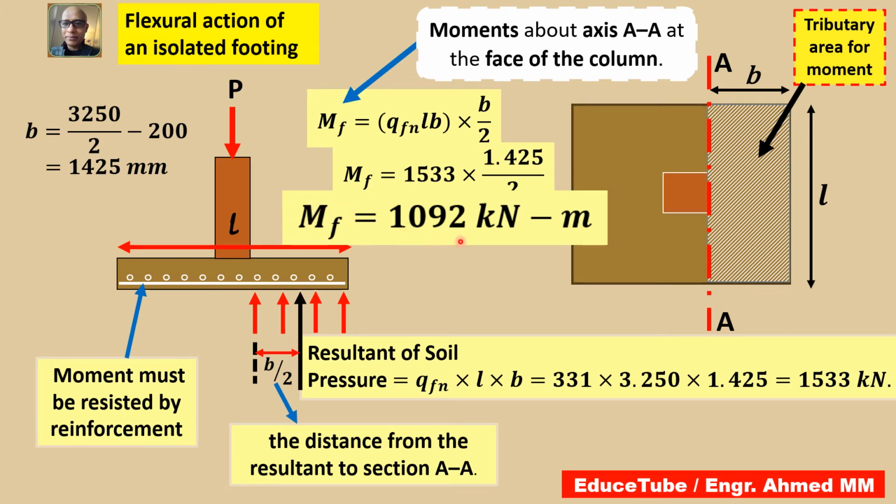This moment we got is 1092 kilonewton meter, and using this moment we will find the amount of steel reinforcement needed for this footing. Another important thing: I checked on this side, and as it is a square footing, the other side will be the same, so it is not needed to check the other side. So let's go ahead. In the next slide, we have to use this MF of 1092 kilonewton meters.